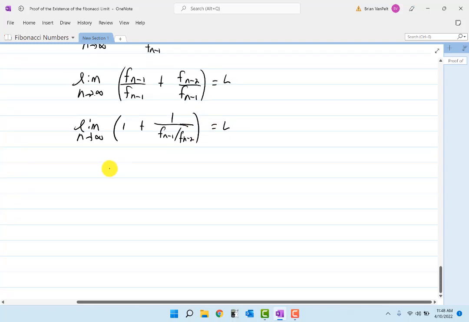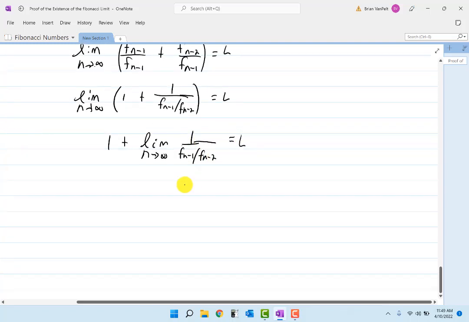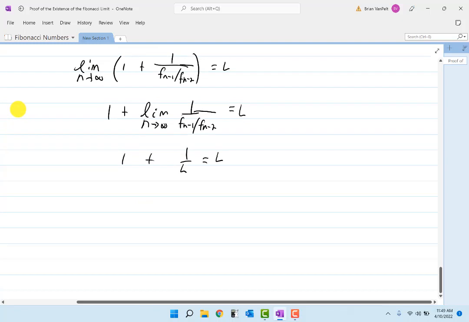If I break up the limits, then I'm going to get 1 plus the limit as n goes to infinity of 1 over f sub n minus 1 over f sub n minus 2 equals L. Well, that limit down there, that is 1 over L. And then multiply through by L, and put everything over here: L squared minus L minus 1 equals 0.